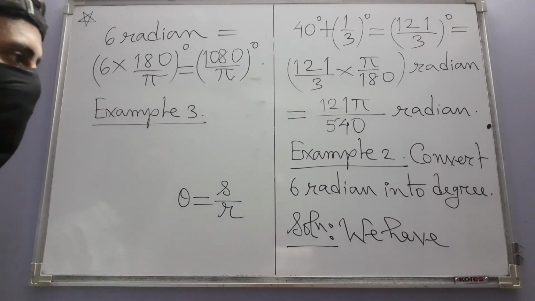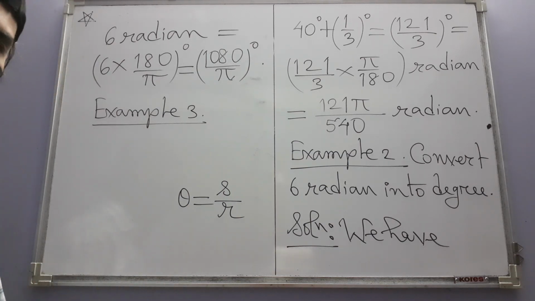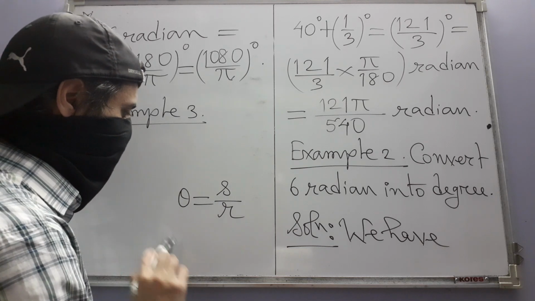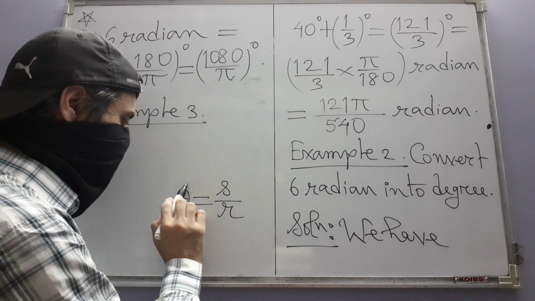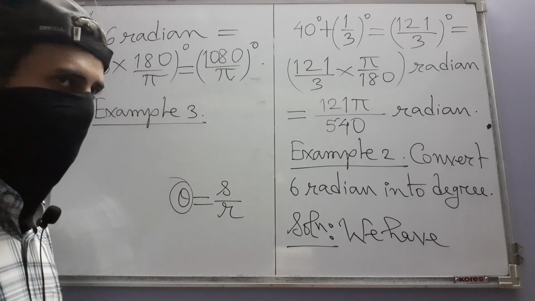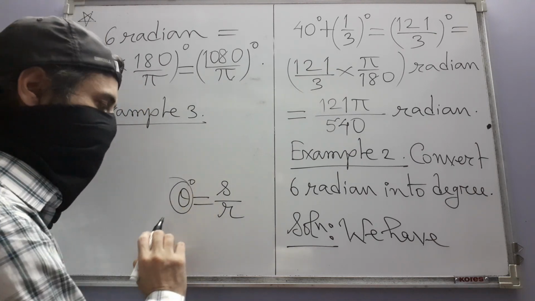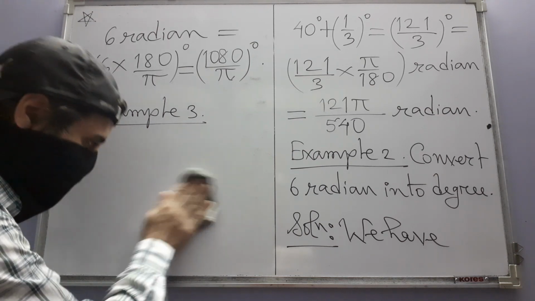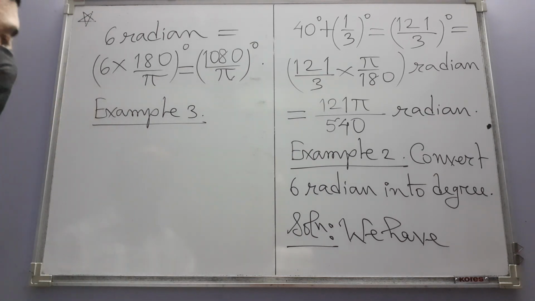Based on this relation also you will likely get some problems. The only thing you have to remember is that in this relation theta has to be in radian. If you write degree here, then this is wrong. So the next example is about that relation.